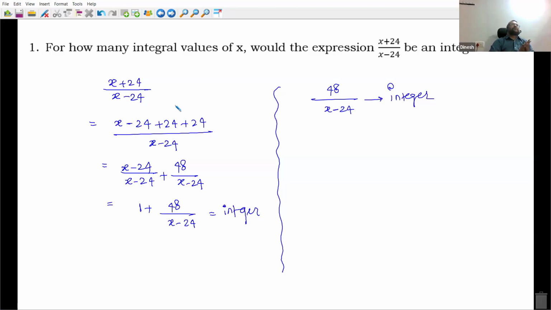Tell me if any doubt in this rearrangement. And let's continue, everyone. For how many integral values of x the given expression will be an integer?